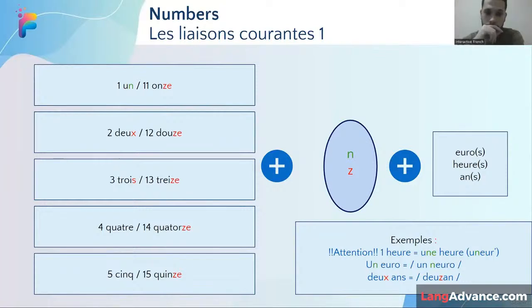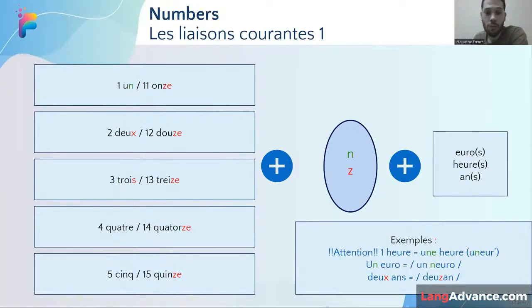Let me demonstrate. If I want to say €1, I'm gonna say un euro. Un euro is €1. If you notice, listen, un euro, right? I would stress the N, and it's like it's linking basically the number with euro, with nouns that start with a vowel.